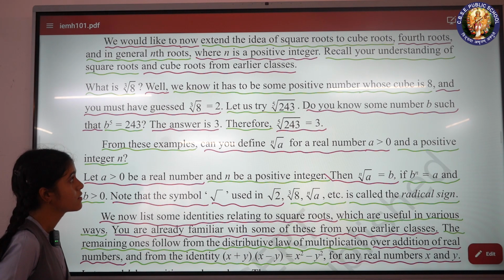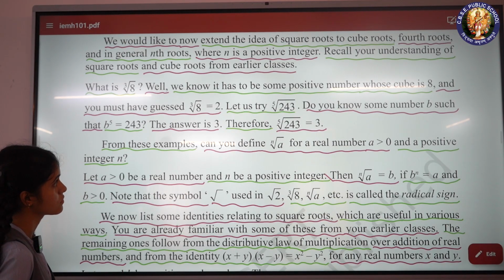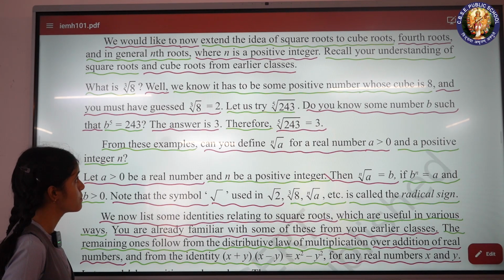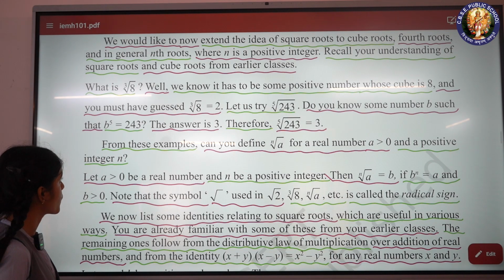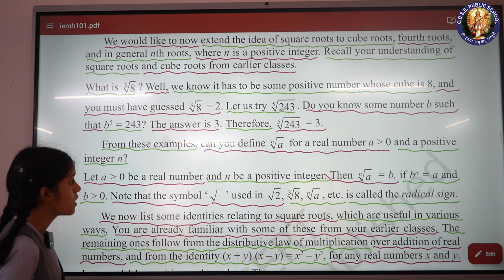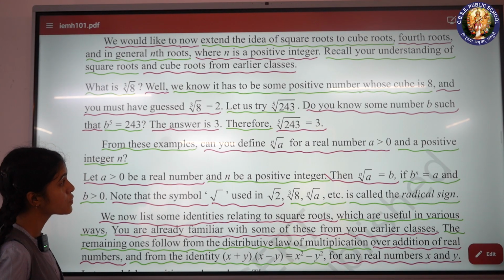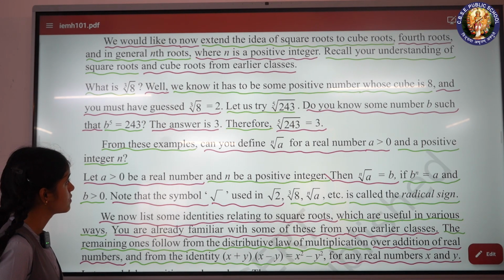Let us try fifth root 243. Do you know some number b such that b to the power 5 is equal to 243? The answer is 3. Therefore, fifth root 243 is equal to 3. From these examples, can you define nth root a?